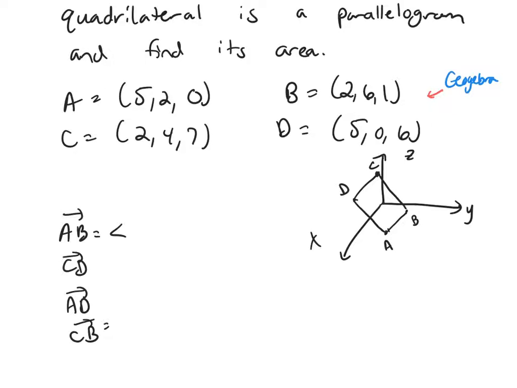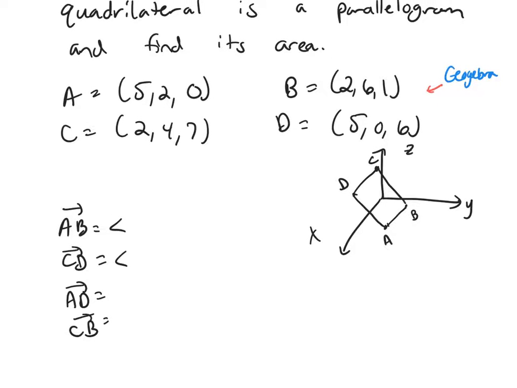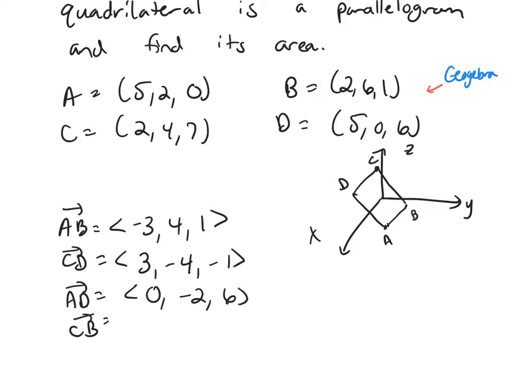So I'm going to look at the four sides here. And remember that you subtract terminal minus initial. So AB would be -3, 4, 1. CD would be 3, -4, -1. AD would be 0, -2, 6. And CB would be 0, 2, -6.